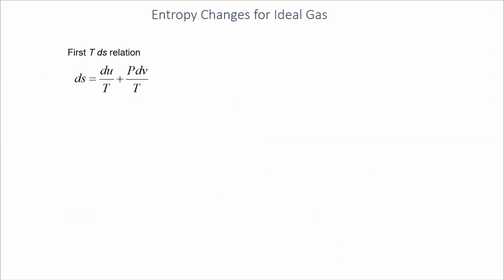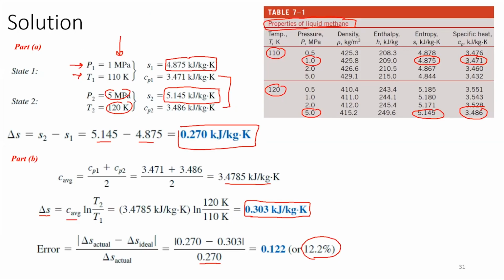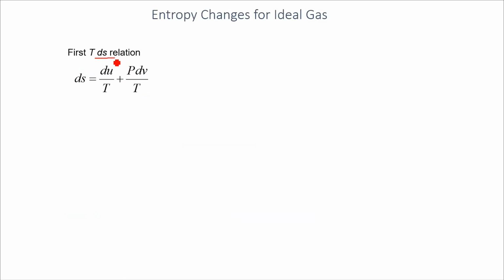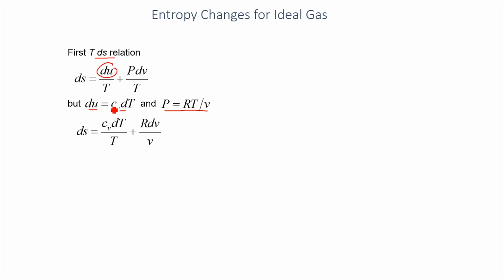The second half now is for the ideal gases. This is the TdS relationship involving internal energy and P dV equation. If you remember, for ideal gas, change in internal energy is Cv dT and the ideal gas equation is P equals RT over V. So du could be replaced by Cv dT, and pressure over temperature could be replaced by R over specific volume.